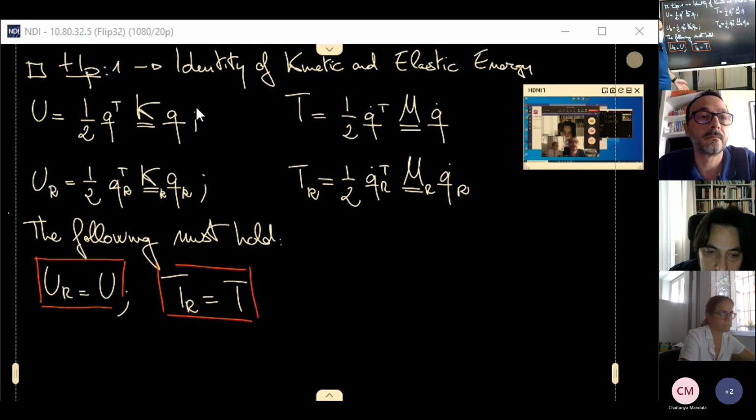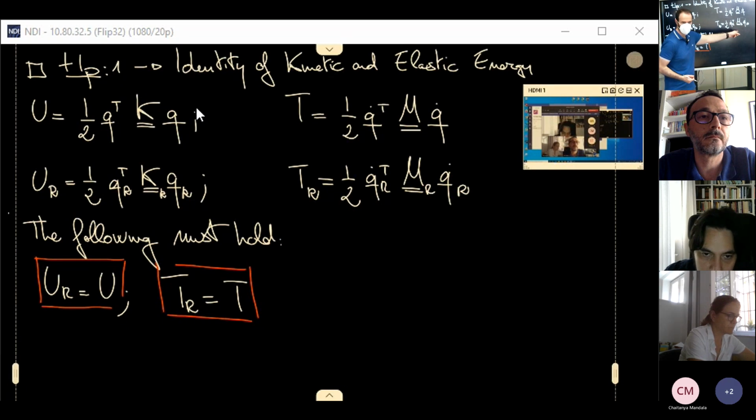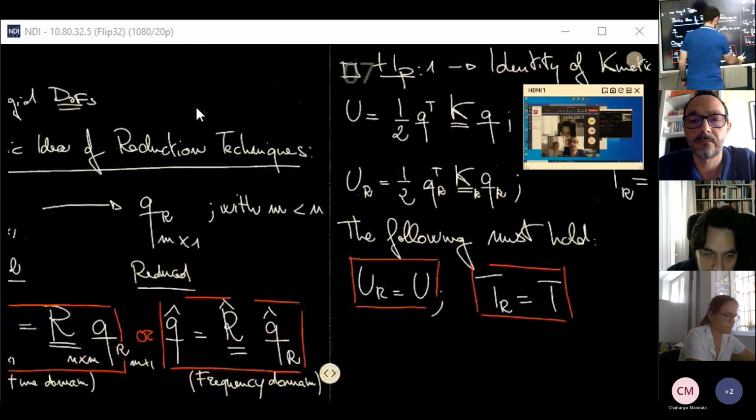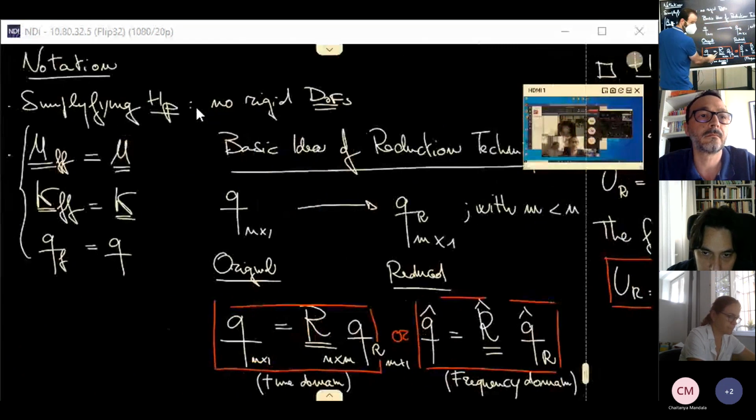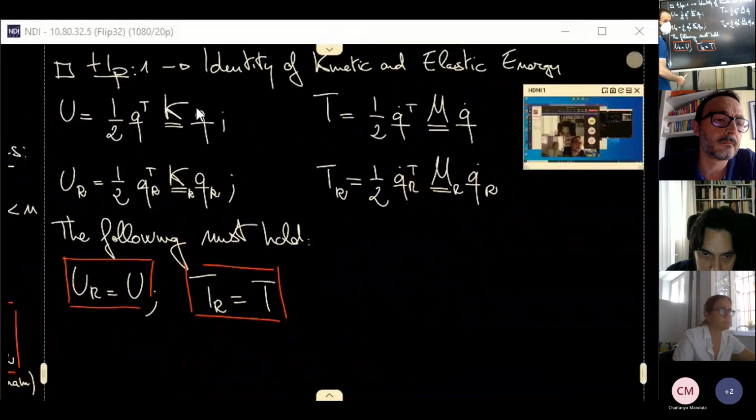These two conditions eventually, given the definition of the relationship that we have between Q and QR, lead to the definition of the KR and MR matrices, okay? Because we have two equations here, and here we have two relationships. We can use them to derive MR and KR, okay? In fact, in here, if you substitute to Q this relationship here, and you do the same also in T, you will have the definition of KR and MR.